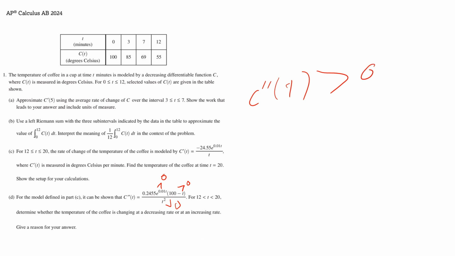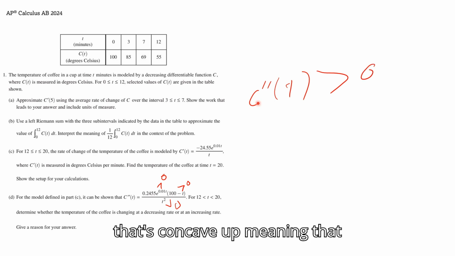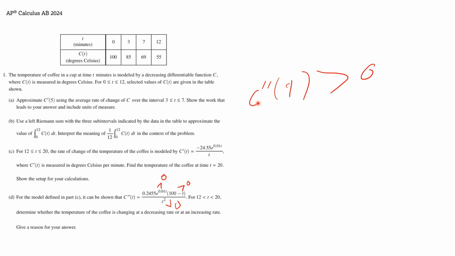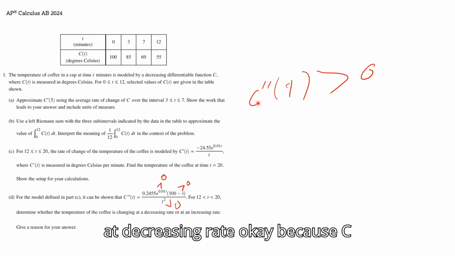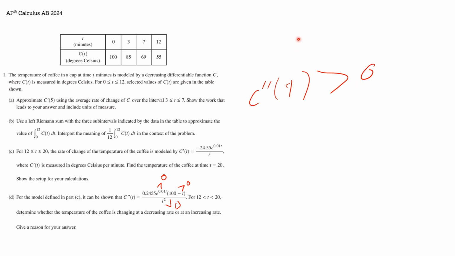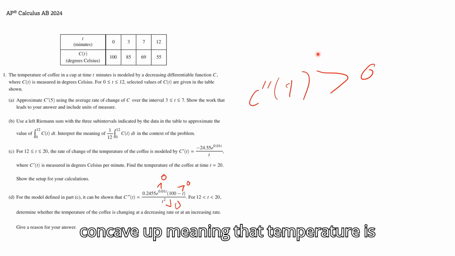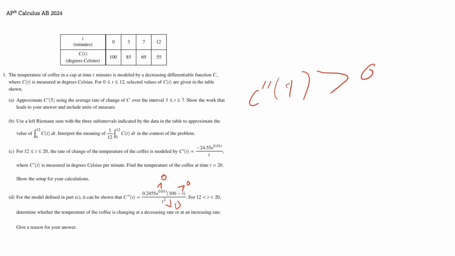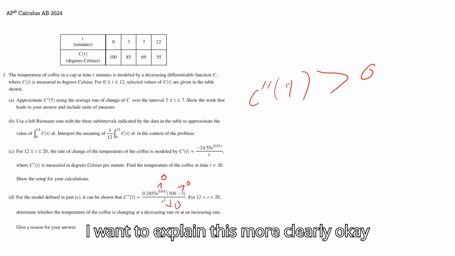The function is concave up, meaning that the temperature is decreasing at a decreasing rate. I want to explain this more clearly.